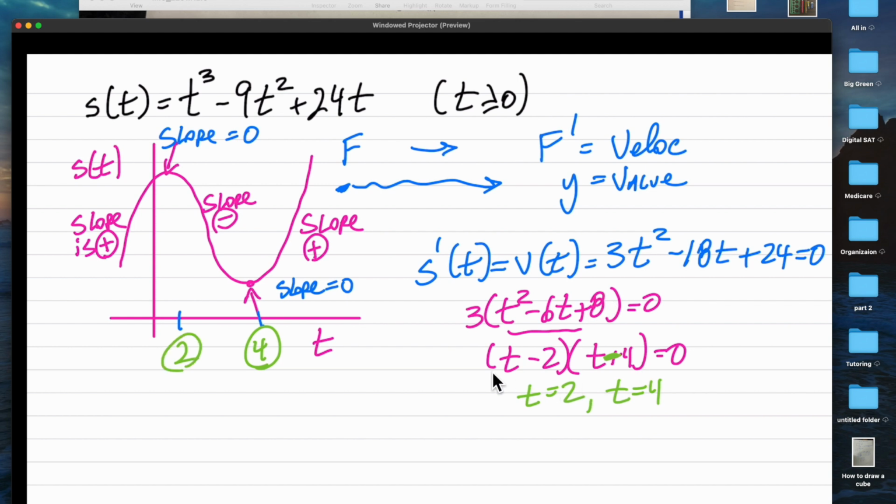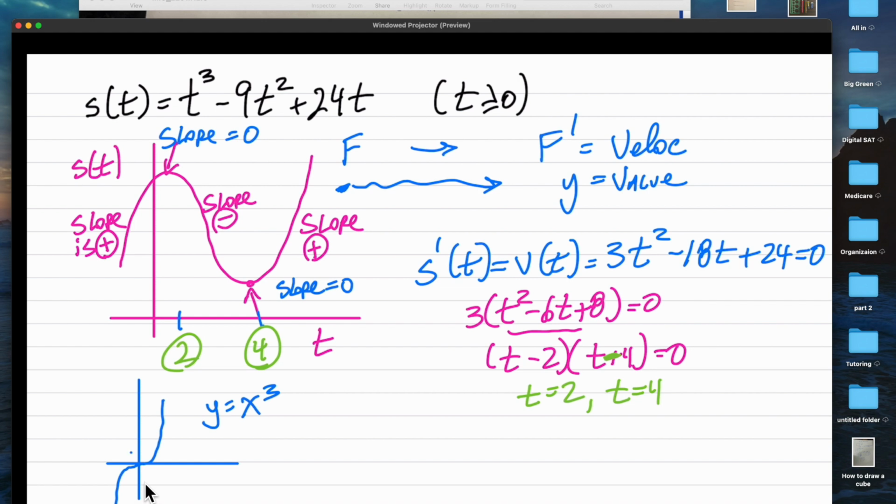Because it's possible to have a slope of 0 on this graph, but not have a change in direction. What do I mean by that? Look at this very famous graph. Okay, this is y equals x to the third power. Y equals x to the third power has a slope of 0 right here, but this is not a local extrema.